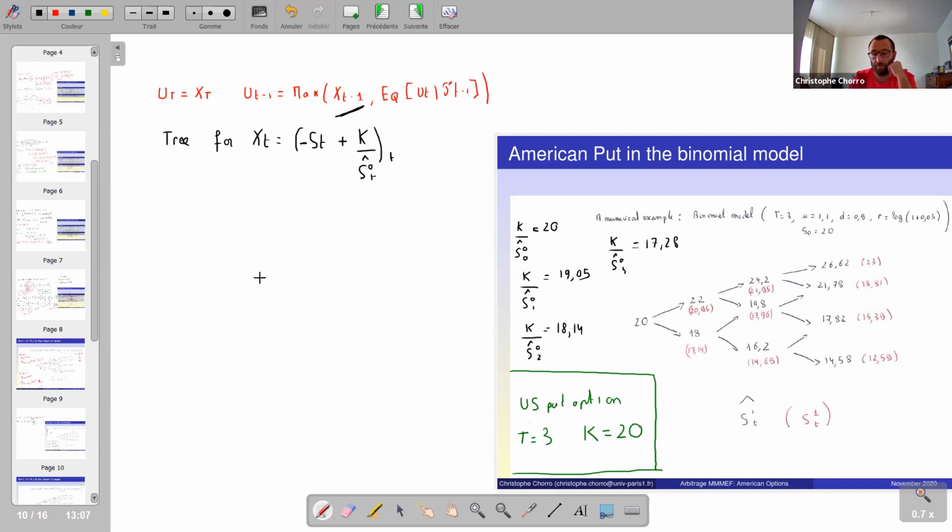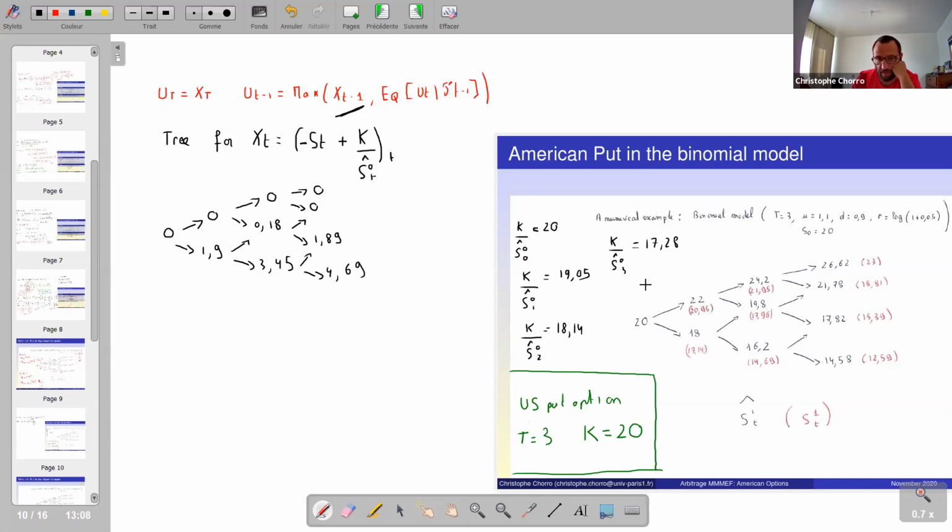So if I do the tree in this situation, I obtain 0, 0, 0, 1.9, 0.18, 3.45, 0, 0, 0, this one, and the last, that is 4.69. Okay, so you have everything to compute.